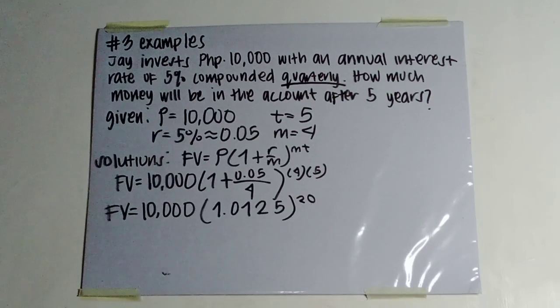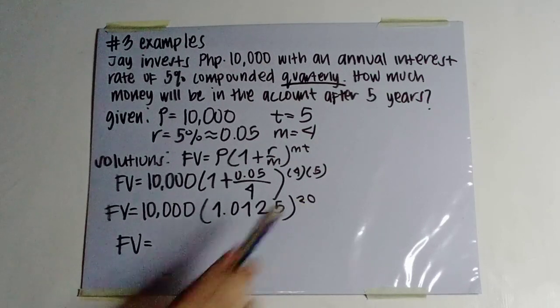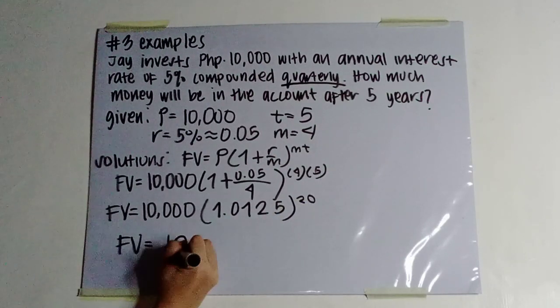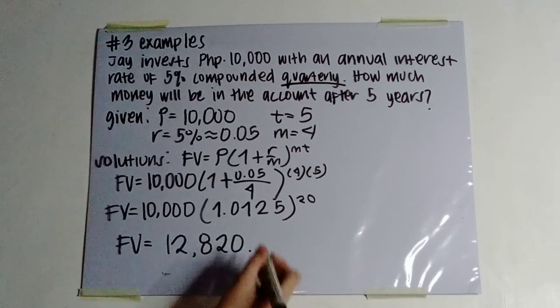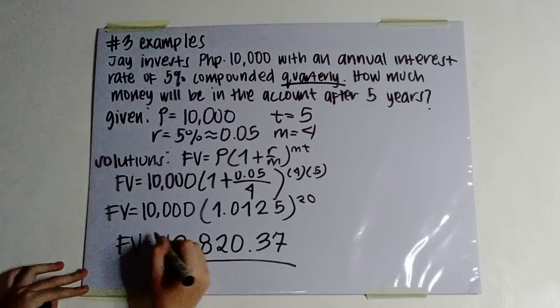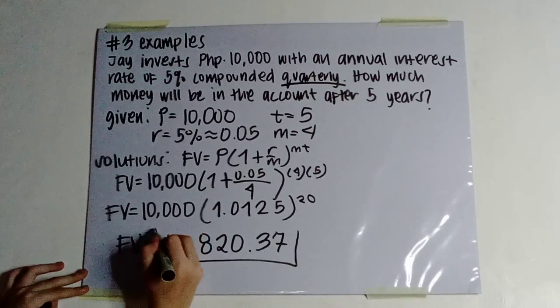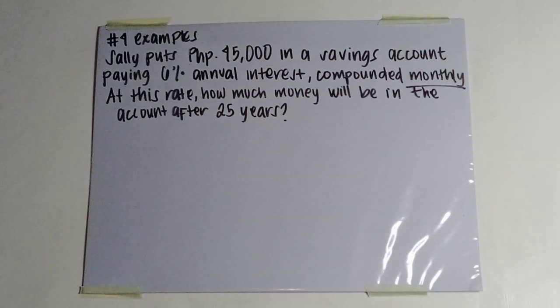And 4 times 5 is equal to 20. Then multiply it. 10,000 times 1.0125 raised to 20 is equal to 12,820.37. So the money in the account after 5 years is 12,820.37 pesos.